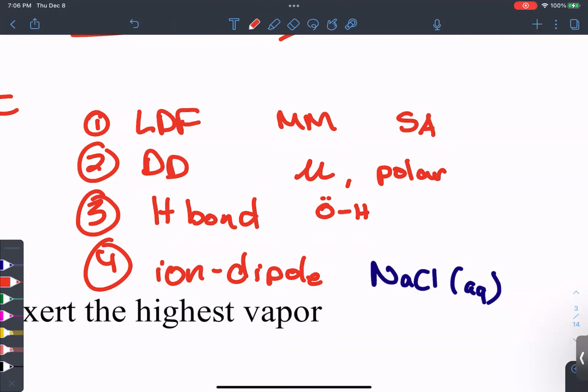So an oxygen with a lone pair, a nitrogen with a lone pair, or fluorine with a lone pair. The hydrogen has to be directly connected to those things. Samples that have those functional groups will exhibit hydrogen bonding. It can't just be a hydrogen anywhere. The fluorine can't just be anywhere. It has to be directly connected to a hydrogen.